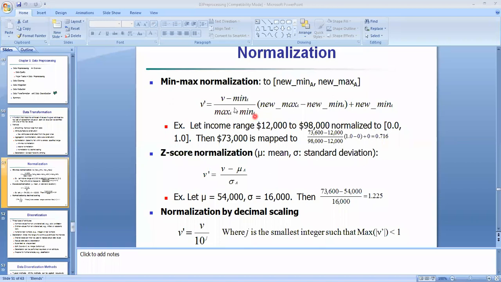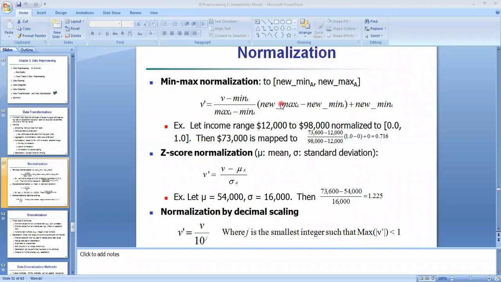We have this formula, V dash, for the range 12,000 to 70,000. The 70,000 is put in the formula. We are given the normalized range, where the minimum value is 0 and the maximum value is 1.0. Put in this formula, you get this value. That is the min-max normalization.